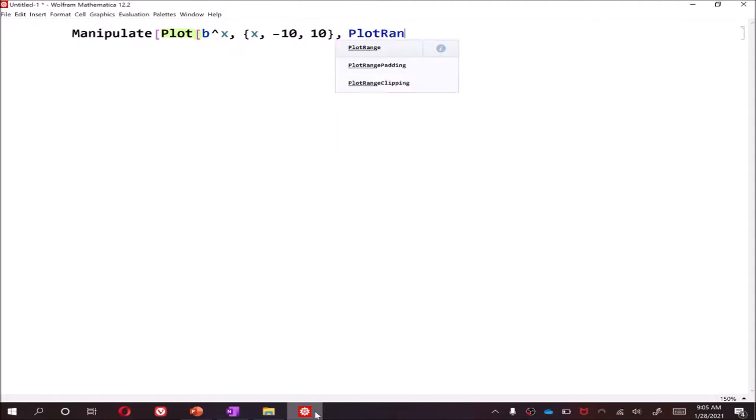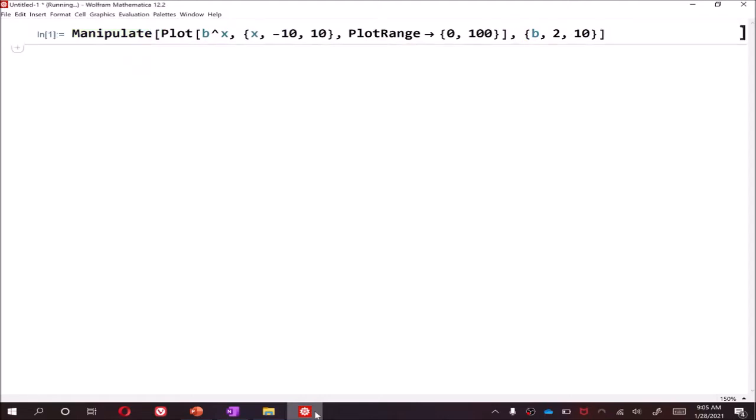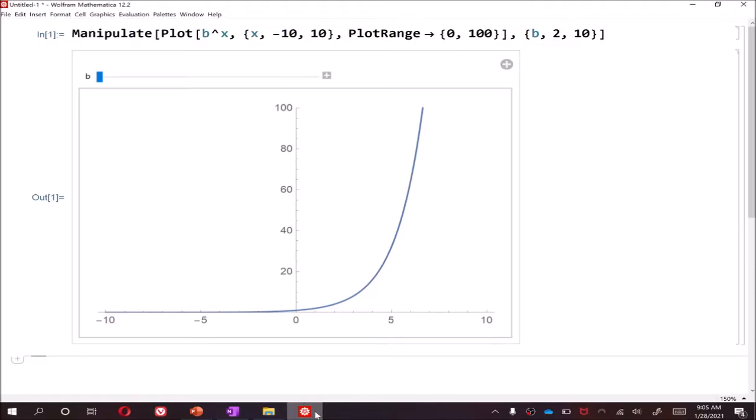We're going to set the plot range to be 0 to 100. And then we're going to let b first vary from 2 to 10. So we're going to consider values of b larger than 1. And we go ahead and take a look.